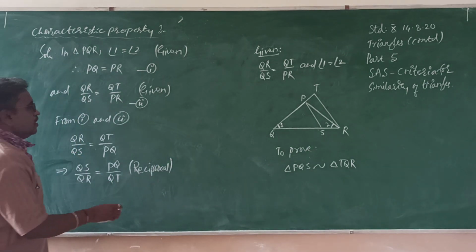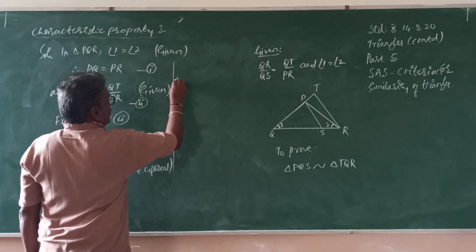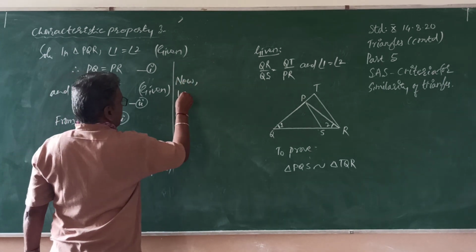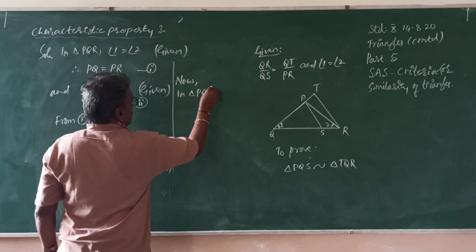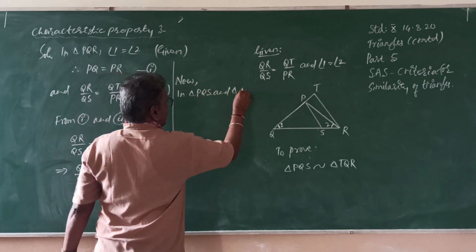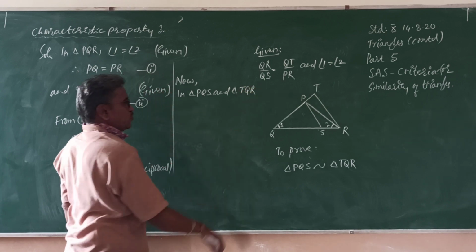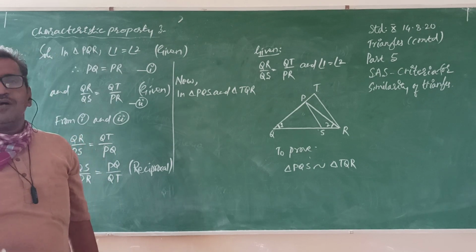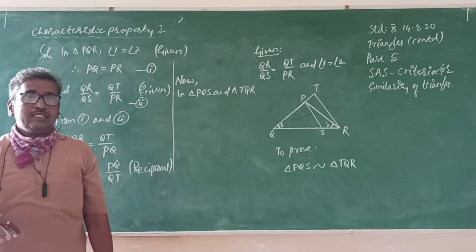Now in triangle PQS and triangle PQR, try to show them similar: two corresponding sides in proportion and one angle equal, or SSS.